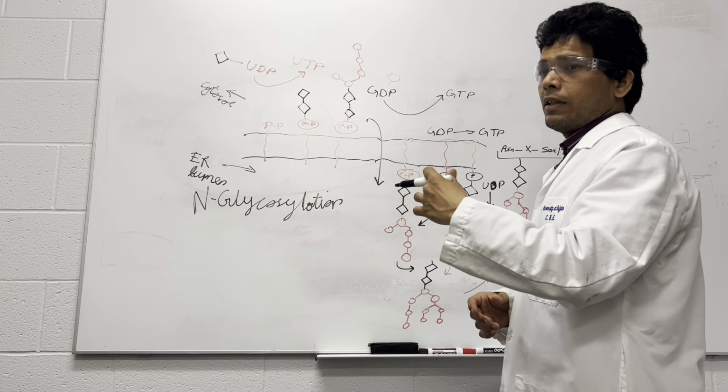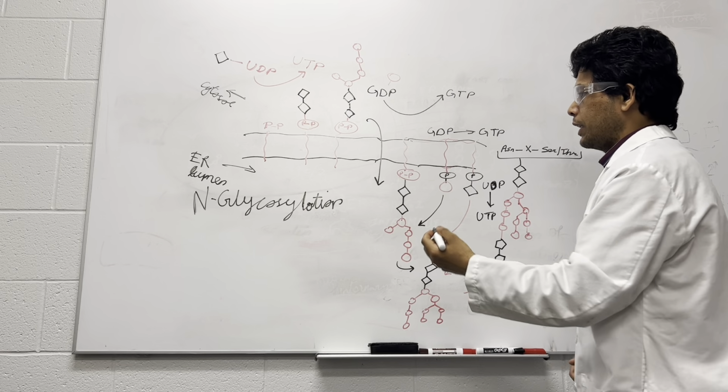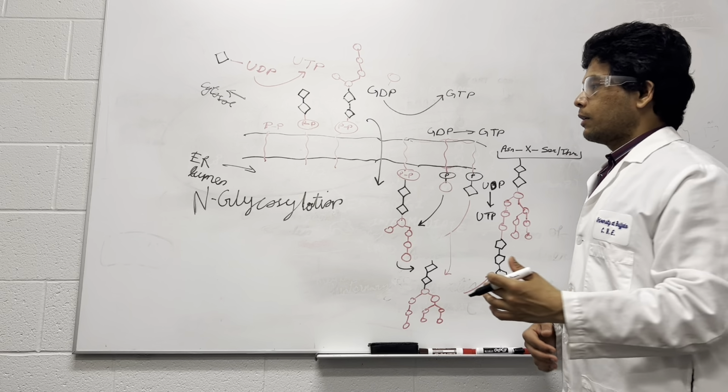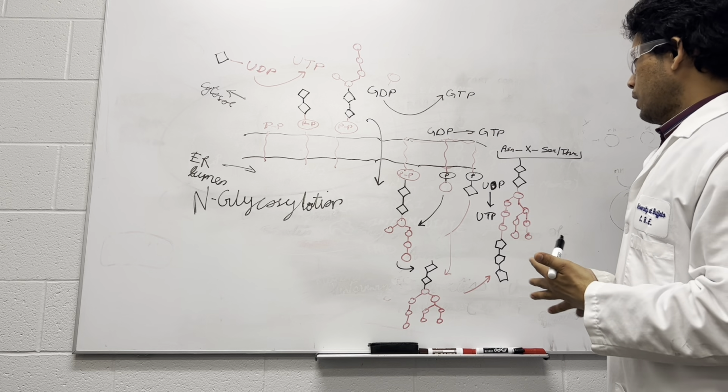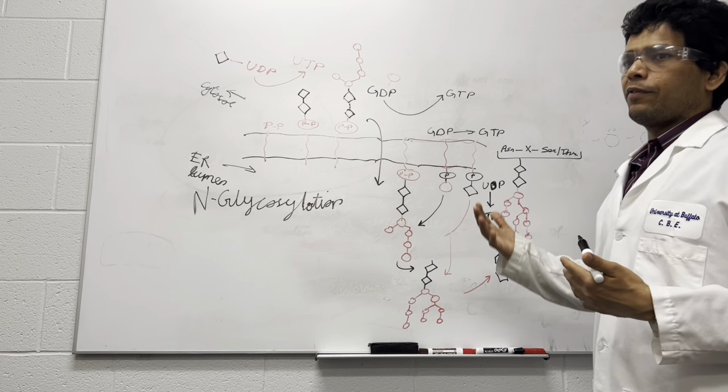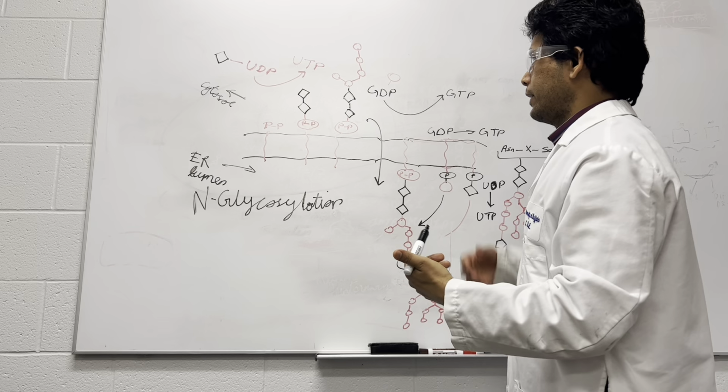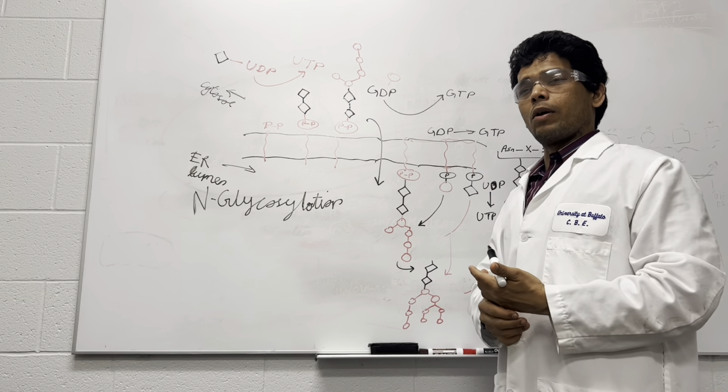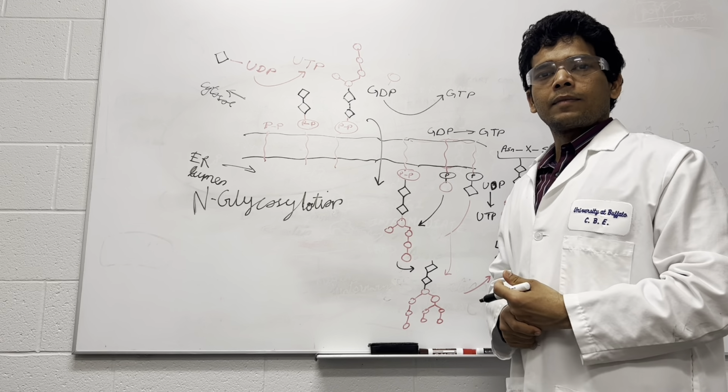So this is the initial step for N-glycosylation. Later on we will study how this N-glycosylation is carried forward in the ER lumen and then to the Golgi. Okay, thank you.